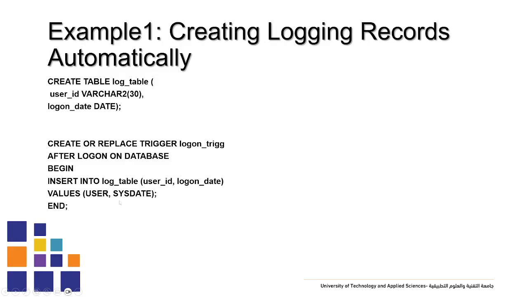After logging on to the database, this type of trigger fires after the user logs in. So this is a system-level trigger, meaning it doesn't depend on a specific table, but fires on the event of a user logging in to the database itself.